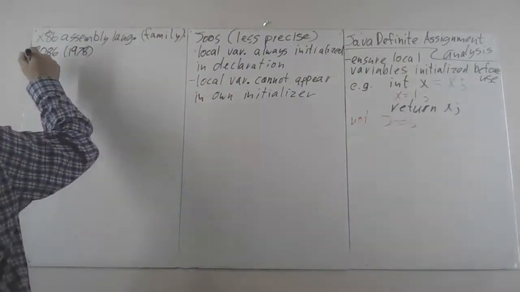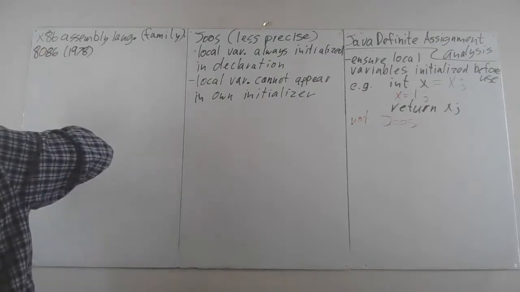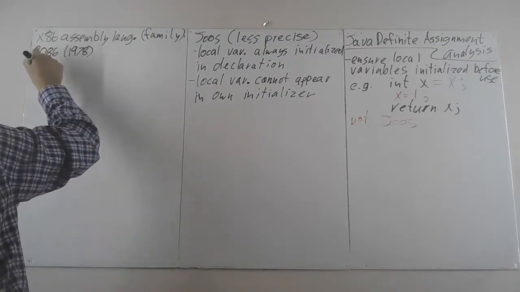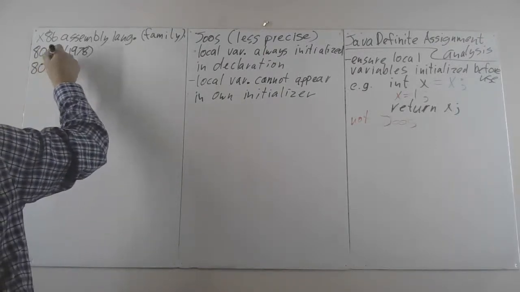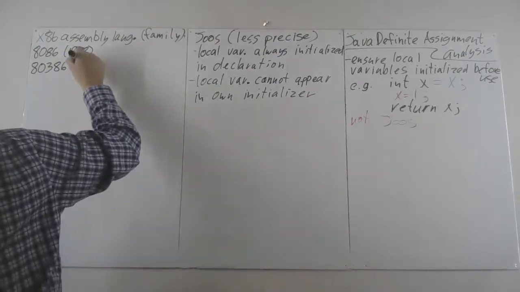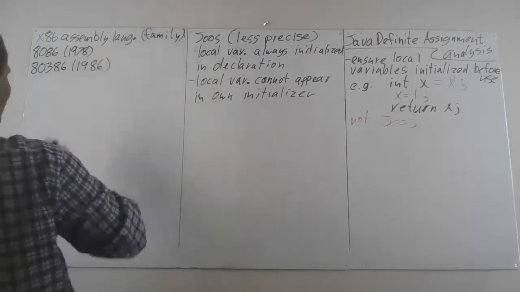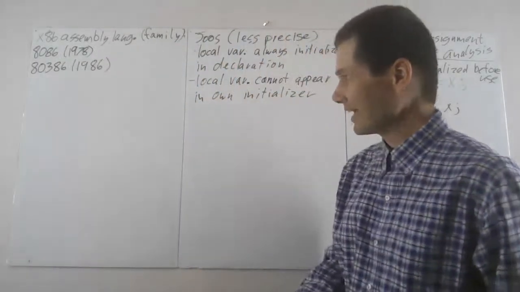Then there were a bunch of other processors, but a significant one was the 386, and that was in 1986. So much later.